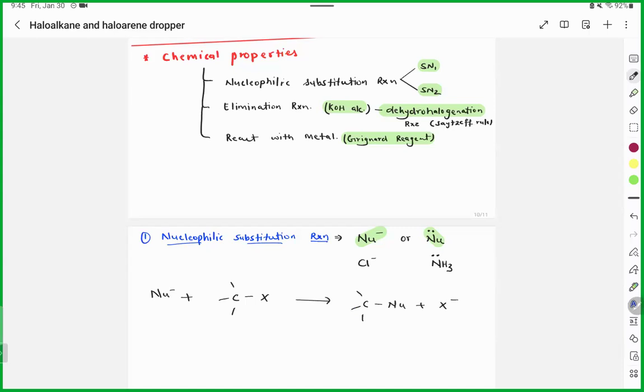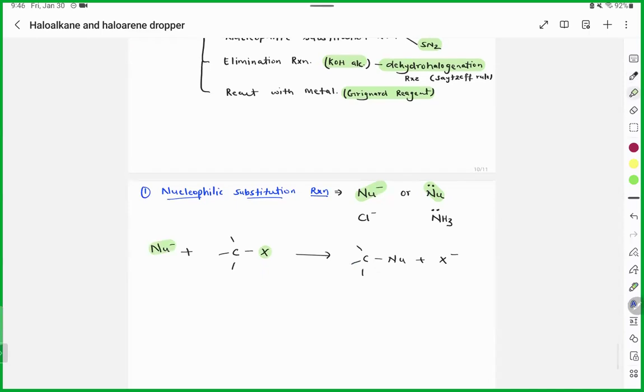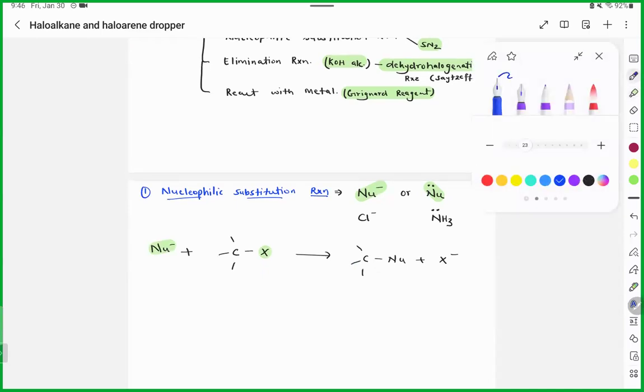So the nucleophile is replacing our halogen. That's why this replacement is known as substitution, and because a nucleophile is replacing, it is nucleophilic substitution. If you understand this well, you have a really important topic that you can correlate with the coordination compound: ambidentate nucleophile.